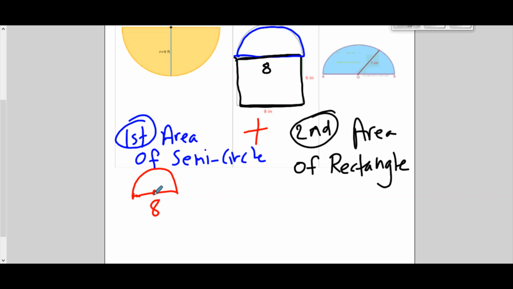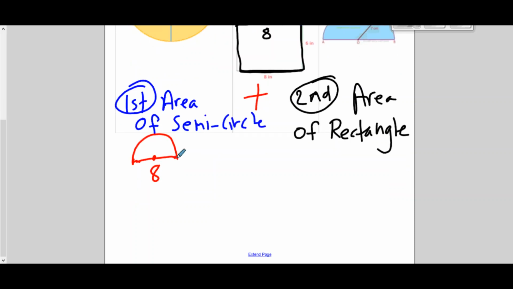So that line goes all the way through the center of my circle and from one point on my circle to another. So that's what we call the diameter. So remember, the radius is half the diameter. So the radius is 1/2 of 8, which is 4.